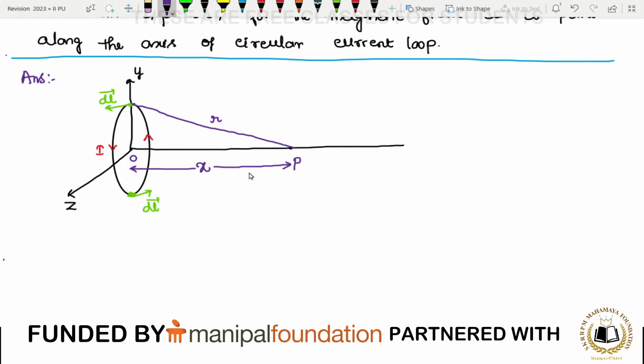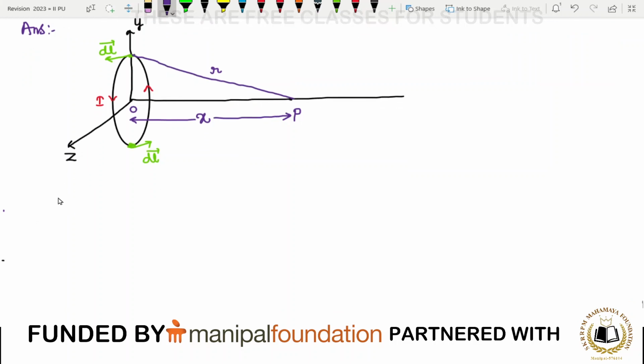So we'll write the magnetic field at P due to current element dl.